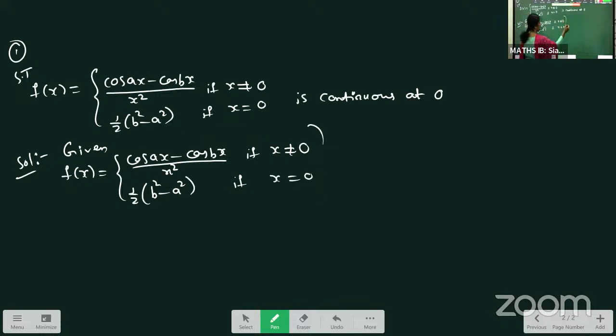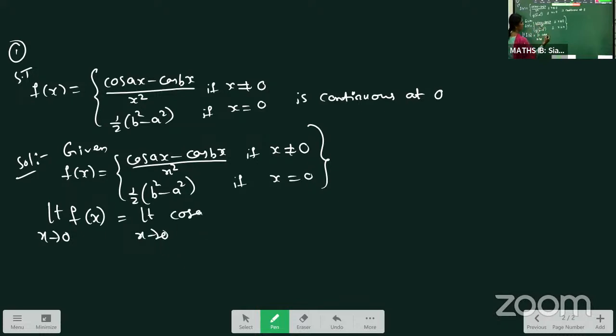This is the question, the given data. Now we have to prove it is continuous at 0. So limit x tends to 0, find the value of f of x, which is equals to limit x tends to 0 of cos ax minus cos bx by x square.